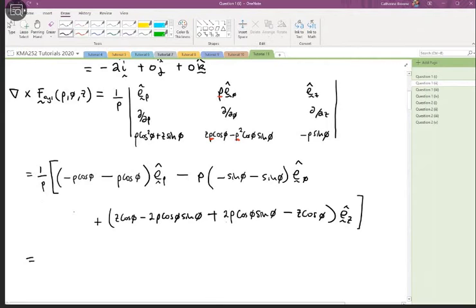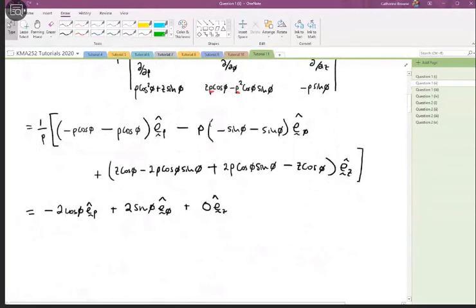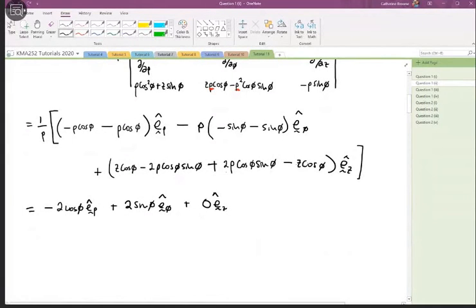So if we simplify all of these and multiply everything by 1 on rho, we get minus 2 cos phi in the direction of rho plus 2 sine phi in the direction of phi and plus 0 e_z, which we're expecting because that z is the same up here. And yeah, those terms all sort of cancel out.